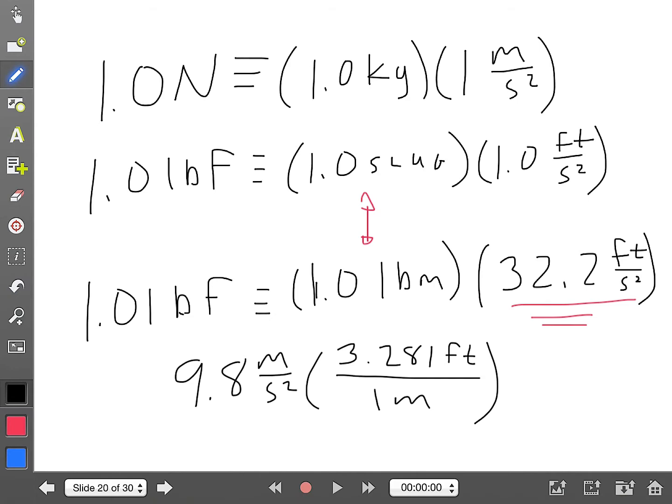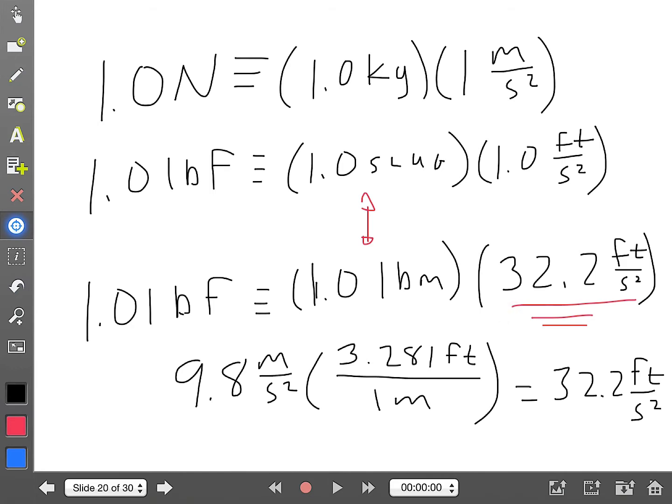Again, this conversion factor equals 1. This actually equals 32.2 feet per second squared. So this quantity here is the acceleration of gravity, just like 9.8 meters per second squared is. So pound mass actually provides a 1 pound force if it's being accelerated at the acceleration of gravity.